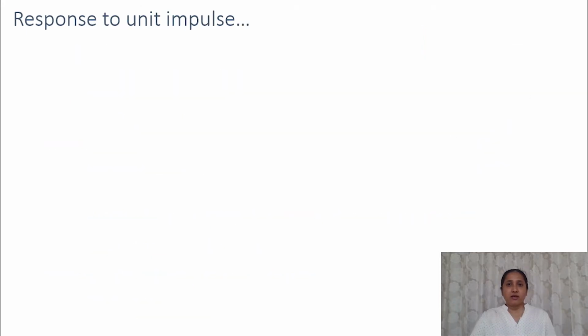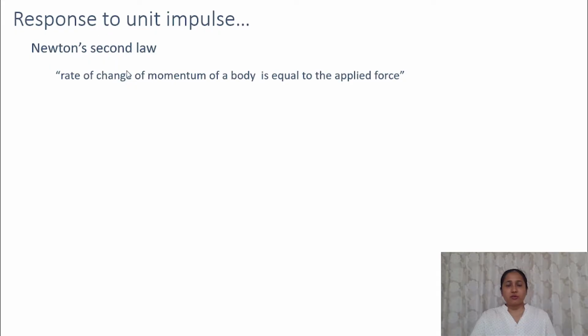Now let's see how a unit impulse initiates a vibration in a single degree of freedom system. Let's go back to Newton's second law. Newton's second law states that the rate of change of momentum of a body is equal to the applied force. So when a force is applied to a body, there will be a change of momentum.